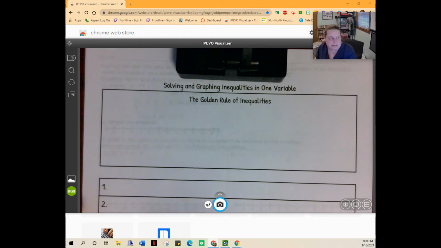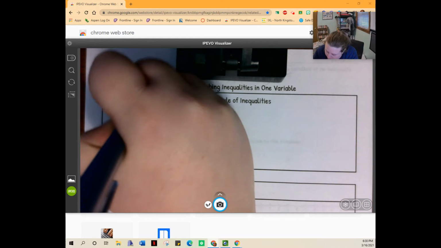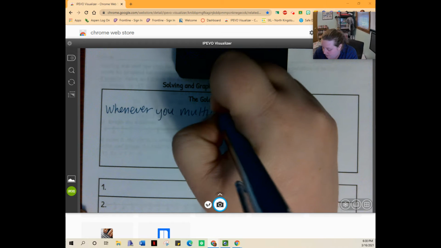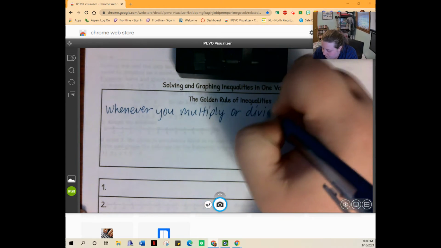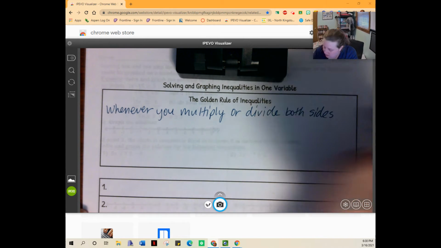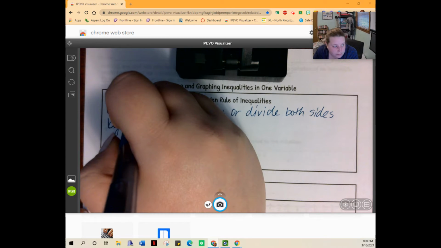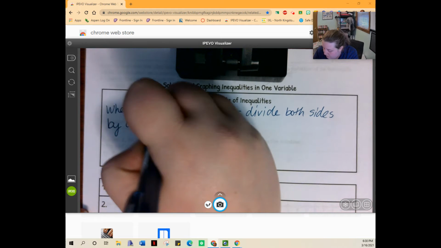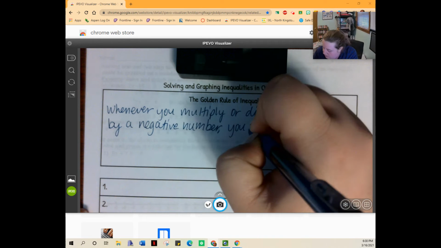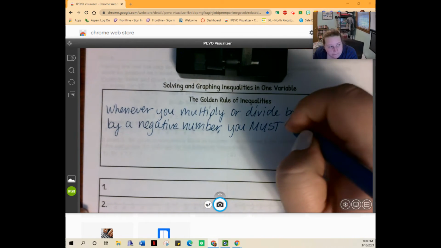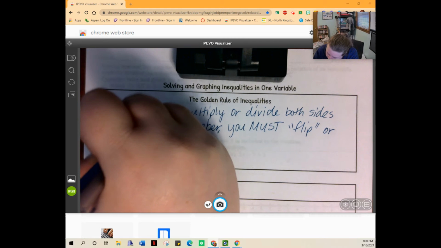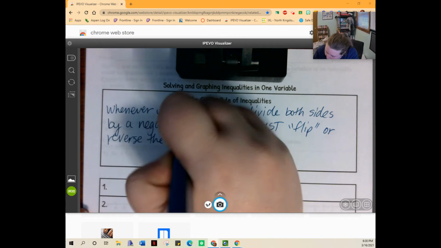So the golden rule of inequalities is that whenever you multiply or divide both sides by a negative number, you must flip or reverse the inequality symbol.